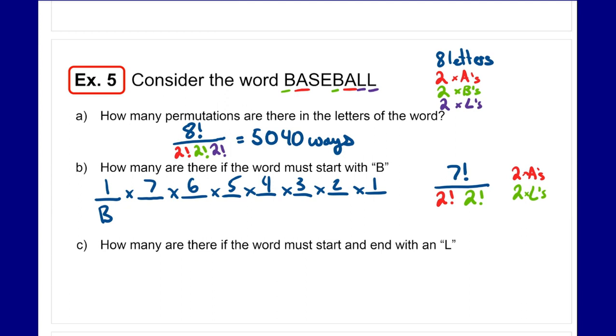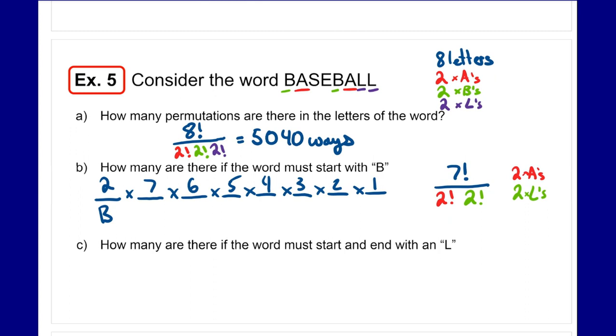Right? And again, you could imply that that takes care of that repetition. So there's a B in the first spot, so there's one of them, and we have the remaining ways. Now, if you did say there are 2 B's, I would argue no, because there wouldn't be a difference.